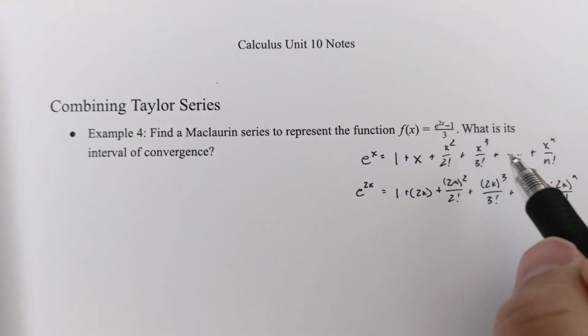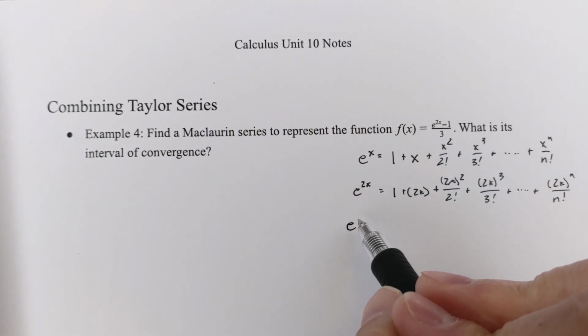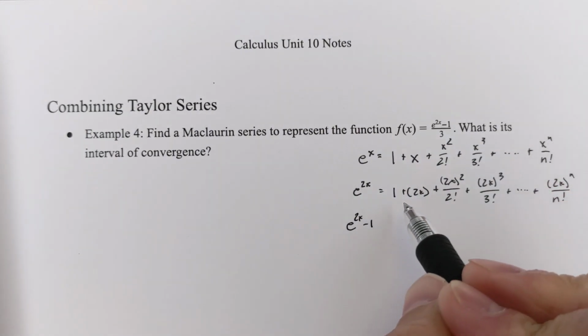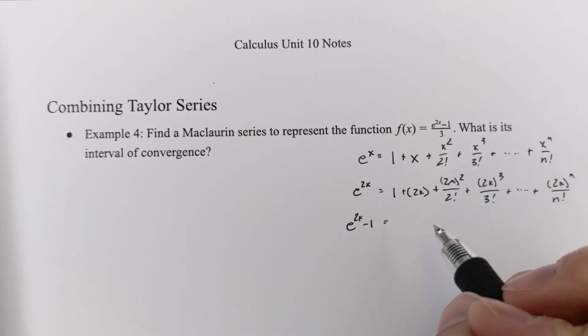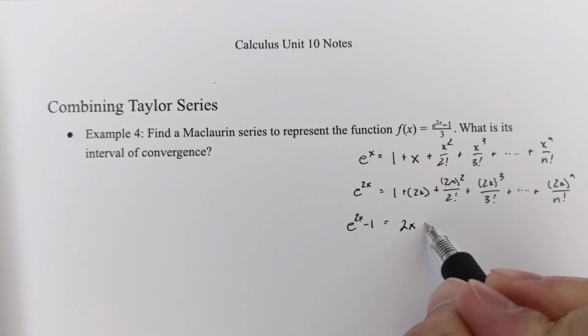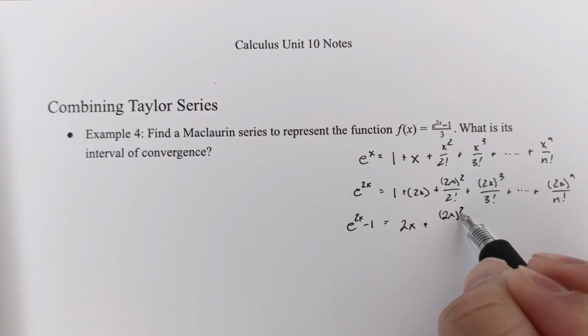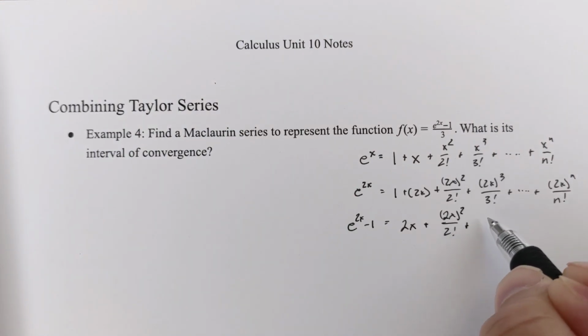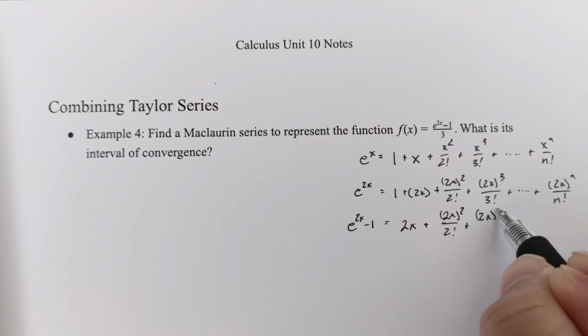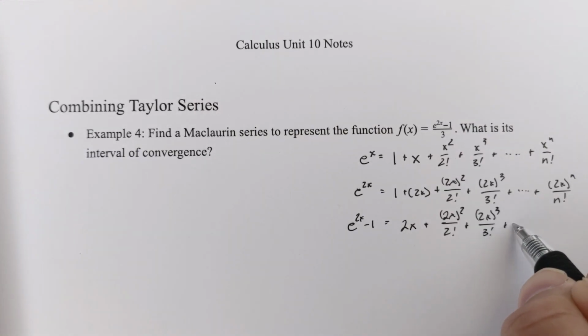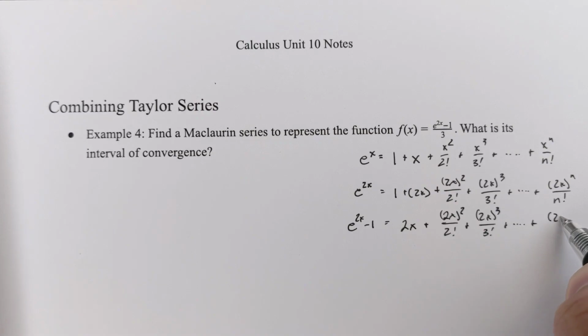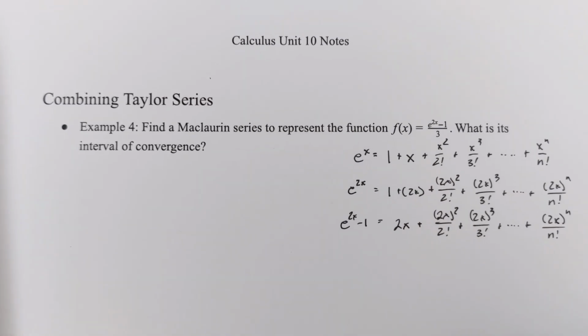So then if we want to do e to the 2x minus 1, we just subtract 1 from this, which just eliminates that term. So we get 2x plus 2x squared over 2 factorial plus 2x cubed over 3 factorial plus blah, blah, blah, all the way up to 2x to the nth over n factorial.